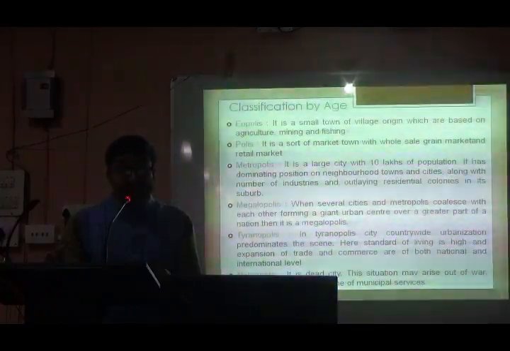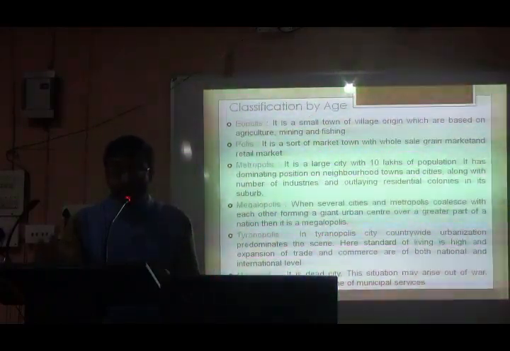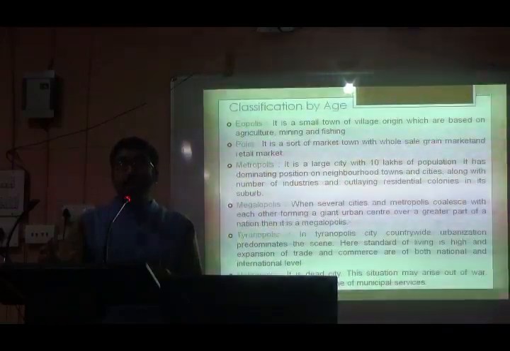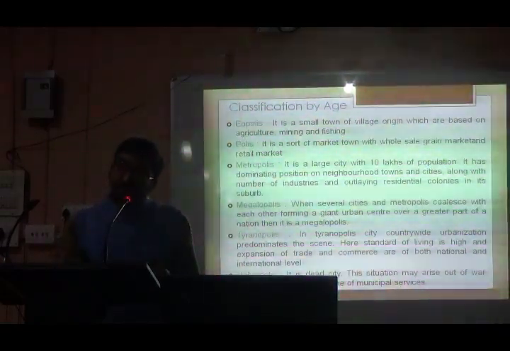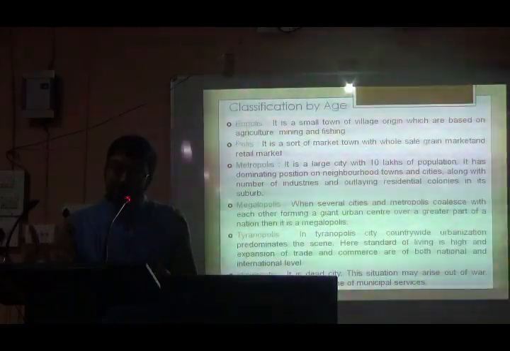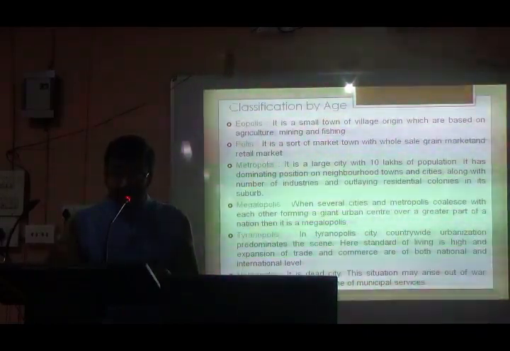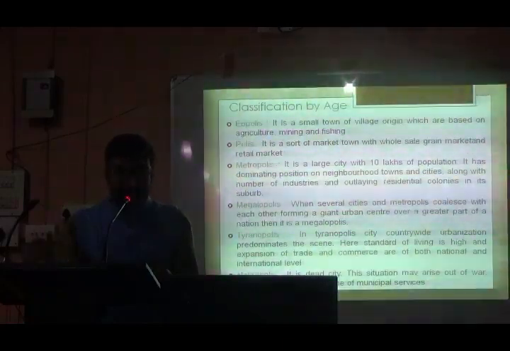Megalopolis are the coalitions of several metropolises, and we can see these megalopolises along the northeastern seaboard of the USA, where many metropolises merge with each other.